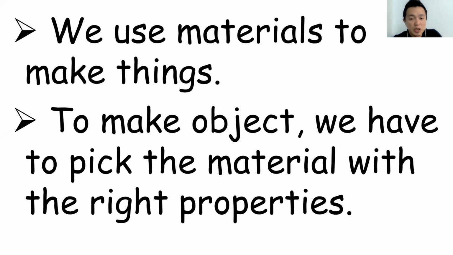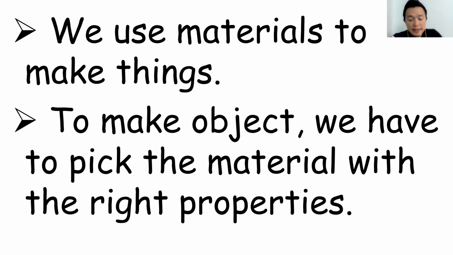That means if you are making tables, you are going to choose the material which is suitable for making tables. Like for example, if you are going to make an umbrella, you are going to look for a material which is suitable for that material, that object that you're going to make.